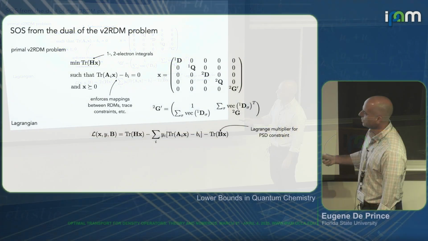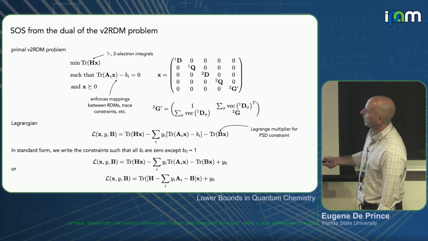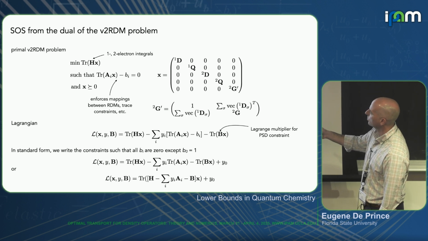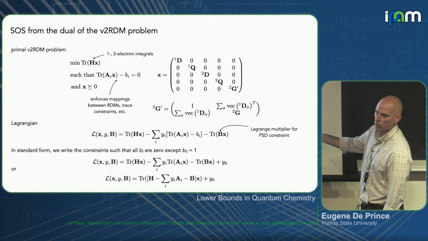So I can write down a Lagrangian for this problem, where now y are the Lagrange multipliers for the linear constraints, and this Z is a Lagrange multiplier for the positive semi-definite constraint. And then if I have this 1 in my algebra, then I can push all of the constraints onto this part of the solution vector. And then I can write all the constraints such that these b's are all 0, except for the one that says this piece has to be equal to 1.